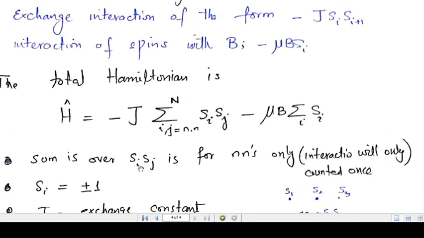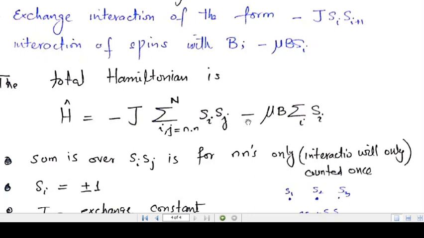So the total Hamiltonian of such a system will be equal to minus J into the summation over ij, which is the sum over nearest neighbors, up to n depending upon how many spins you have, of the product s i into s j. And this interaction, of the type minus J s1 s2, is known as the exchange interaction between spins.